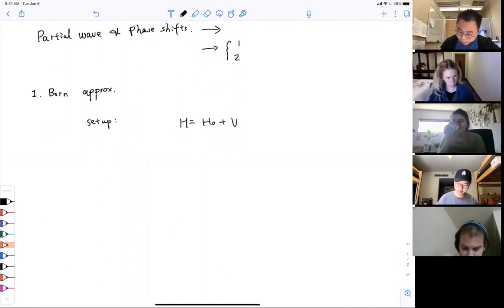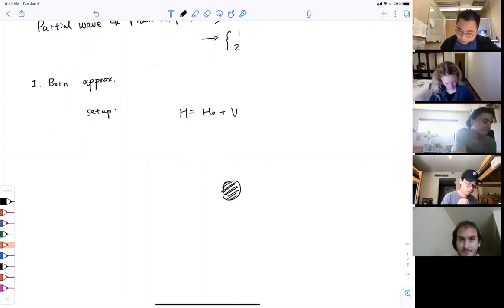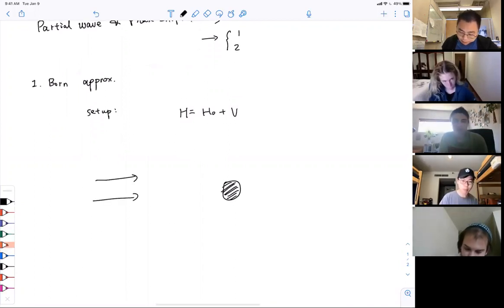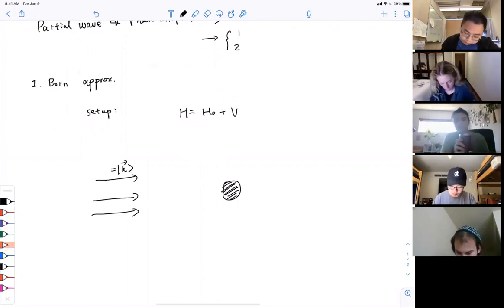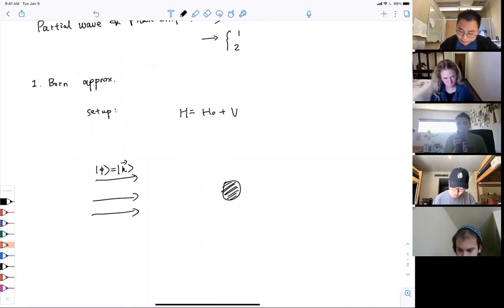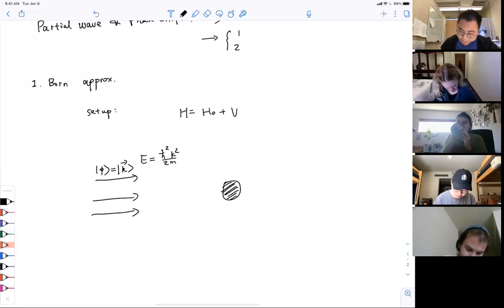And we always assume the scattering potential is localized at some place. Imagine you have an incoming wave, which is a plane wave labeled by the momentum k, let's call it ket phi, with energy h bar squared k squared divided by 2m.